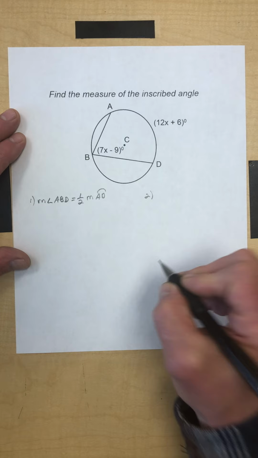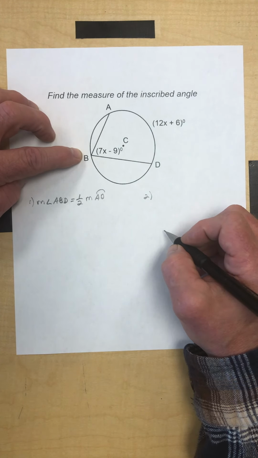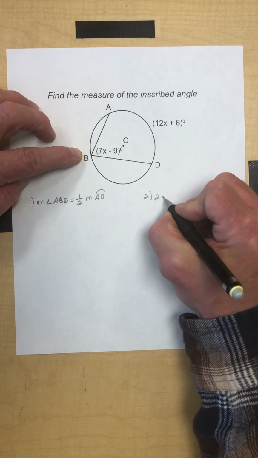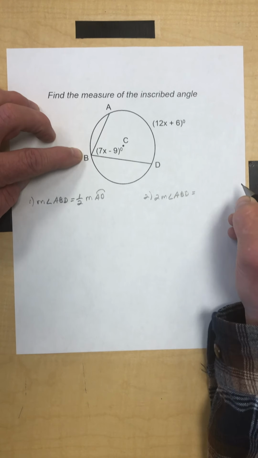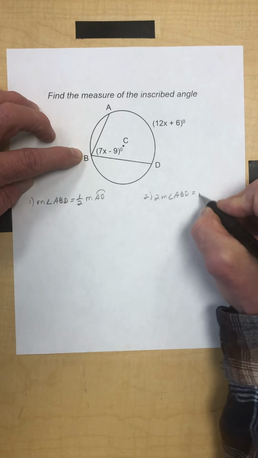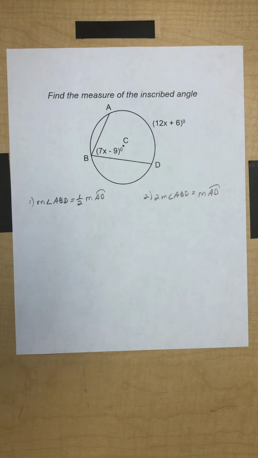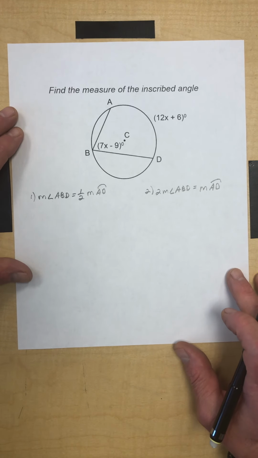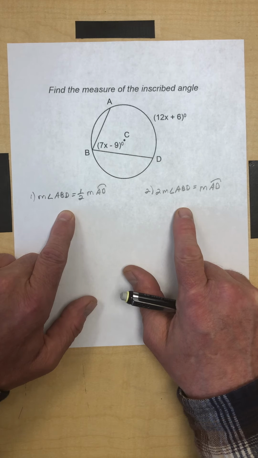Or we could say, isn't that the same as 2 times the measure of the inscribed angle, 2 times the measure of angle ABD, has to equal the measure of the intercepted arc, the measure of arc AD? Either one you could use. If I had to guess, I would say that most people in my geometry classes would probably go to this one, but it's okay. You could use either one. It's not going to be a problem. But this is where I think you'll probably go, so I'll use that one.